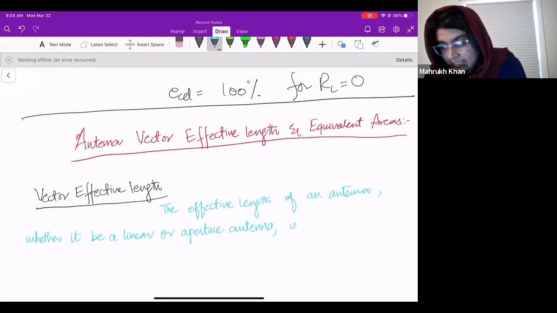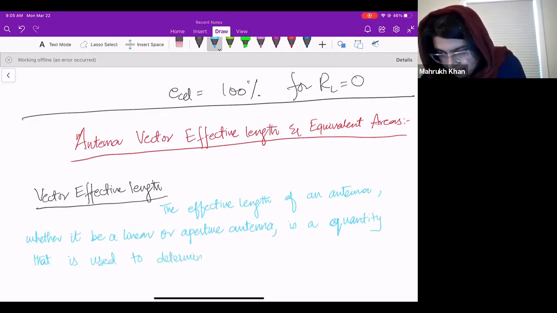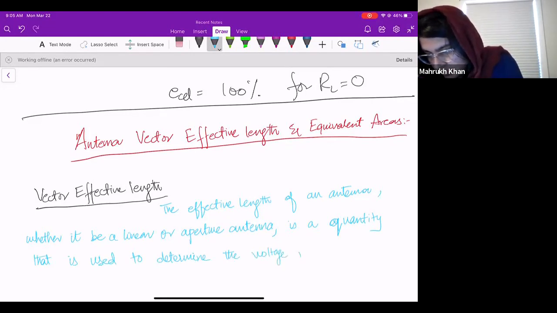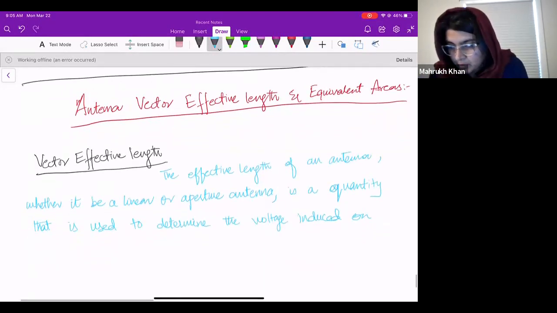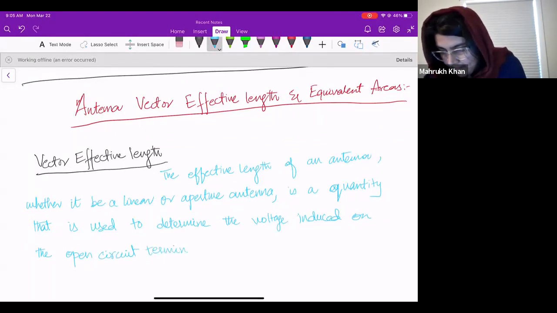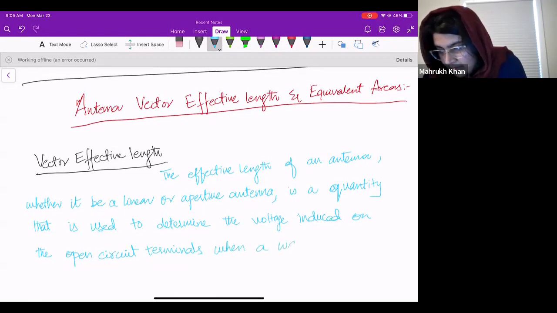The vector effective length is a quantity that is used to determine the voltage induced on the open circuit terminals when a wave impinges on it.